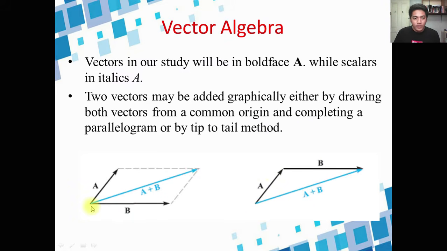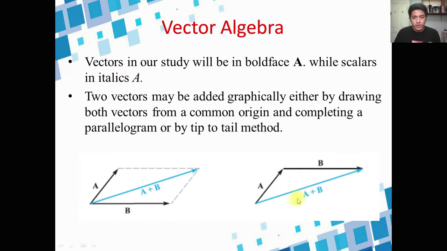So the tail of vector B is connected to the tip of vector A, and then from the very first tail of the first vector, which is vector A, down to the arrowhead, or tip, of the very last vector, that is the vector A plus B. That is what we call the tip-to-tail method.